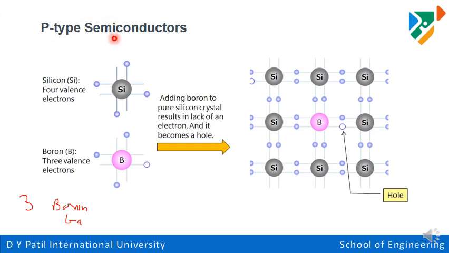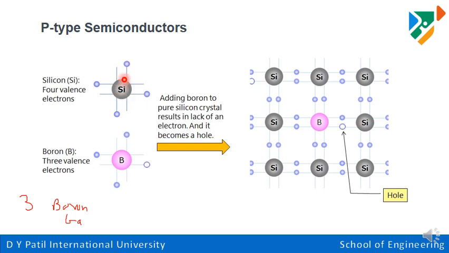Now how should this p-type semiconductor be constructed? P-type semiconductors are formed by doping a pure germanium or silicon crystal with a trivalent impurity. Consider boron. See, this is the structure of silicon, which consists of 4 valence electrons.